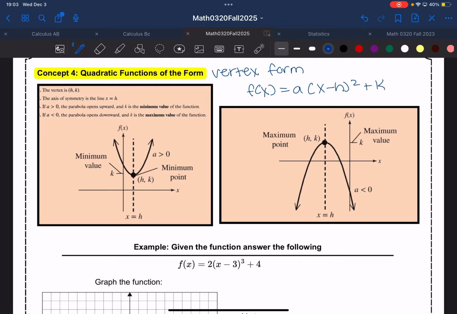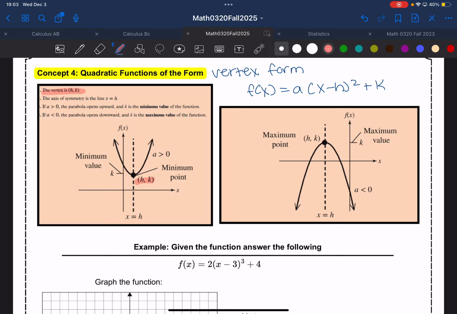So this is when we start talking about the vertex, axis of symmetry, and maximum and minimum values. So we kind of did this a little in concept 1. The only thing I'm going to write here is that our vertex is h comma k.